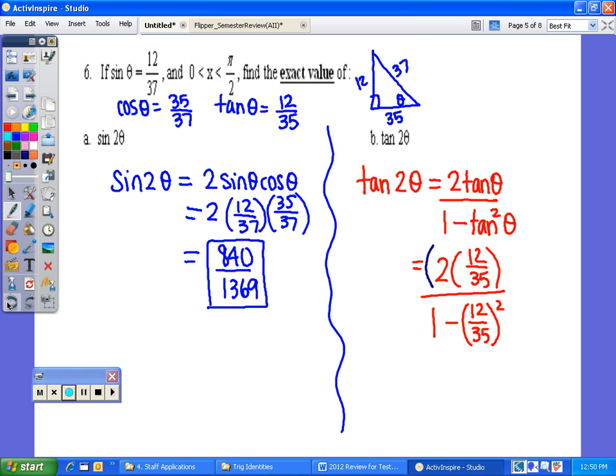So if you put things in parentheses properly, it'll come out right. Okay, and if you do everything correctly, you do wind up getting 840 over 1081.